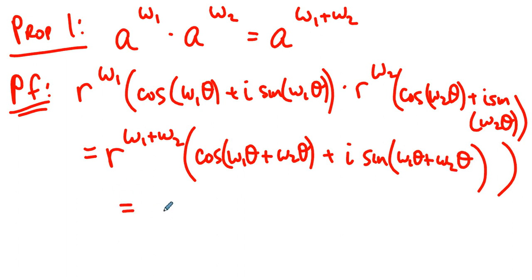And this happens to be a to the ω1 plus ω2. We have the modulus being multiplied, we have the arguments being added, and that's fine. That checks.